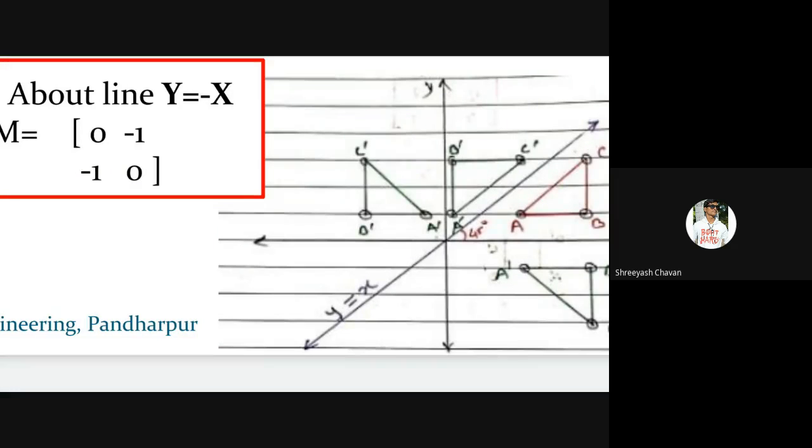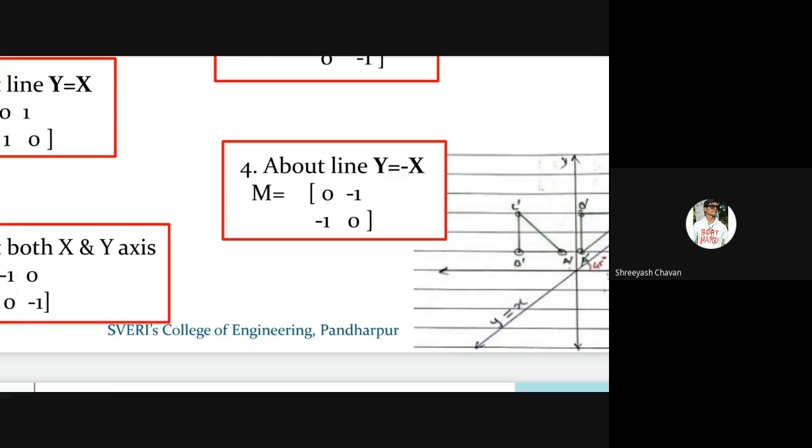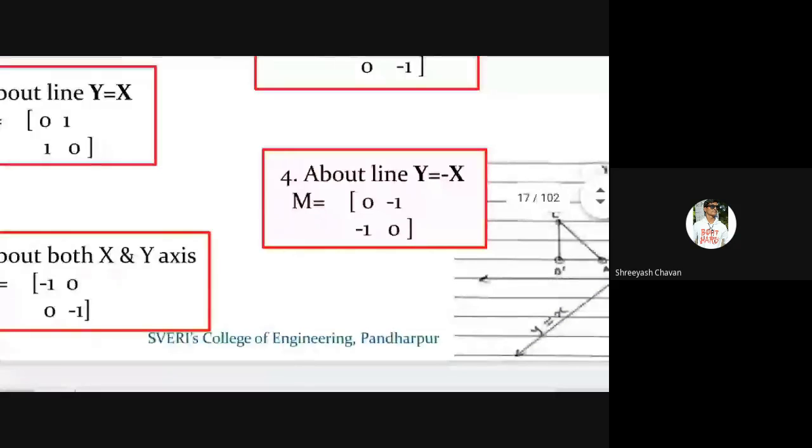We have to draw this line while drawing our object. Now about the line y is equal to -x, the matrix is 0 -1 -1 0, the opposite of the third formula, where the line is y is equal to x.